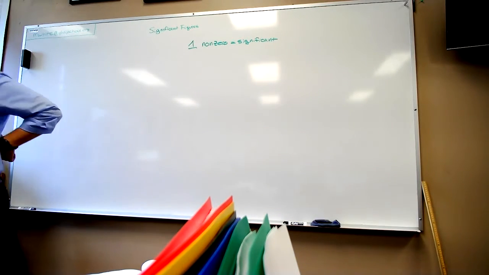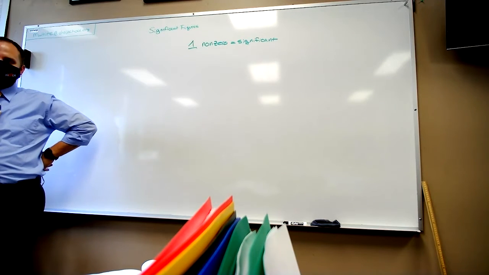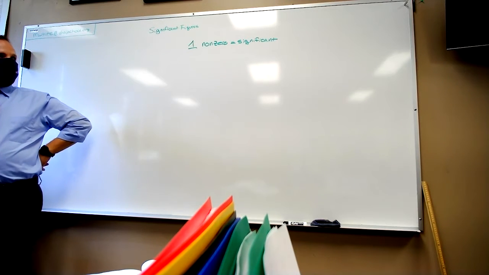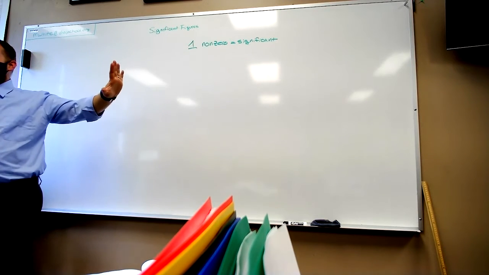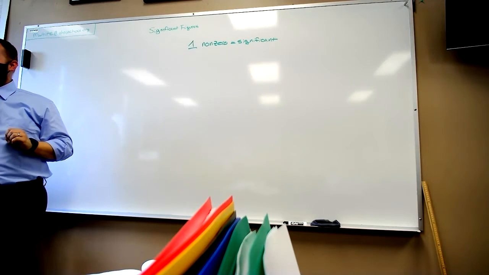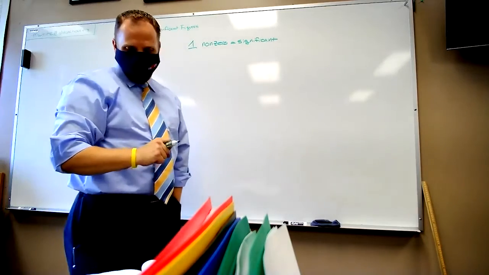You will be asked in a couple homework problems to determine how many significant figures these numbers have. And right off the bat, if it is not zero, it is significant. So we just really need to determine which of these zeros are significant.